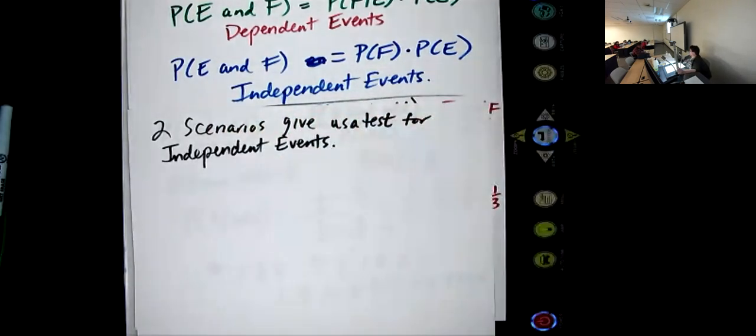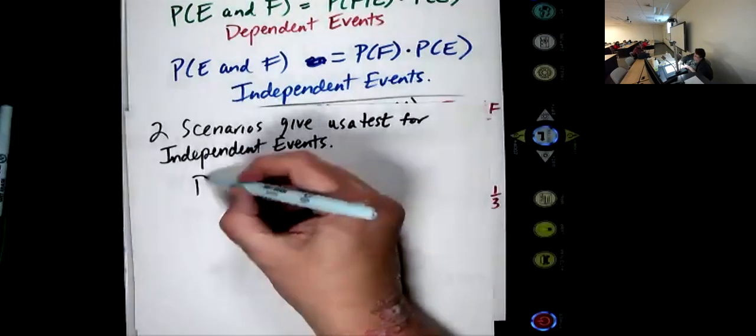In the case that you don't already know it, if we're talking about dice rolls and cards, you can figure out pretty quickly if you just do some reasoning whether or not there's any connection between the two. But in some things, like data you collect in the real world, you may not know if there's a connection between two different events or not. This gives you a way of finding out.